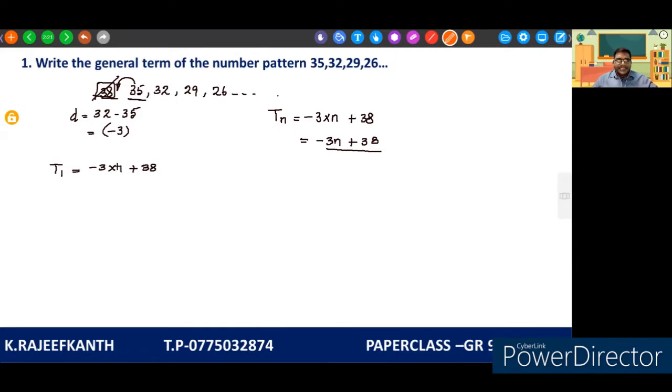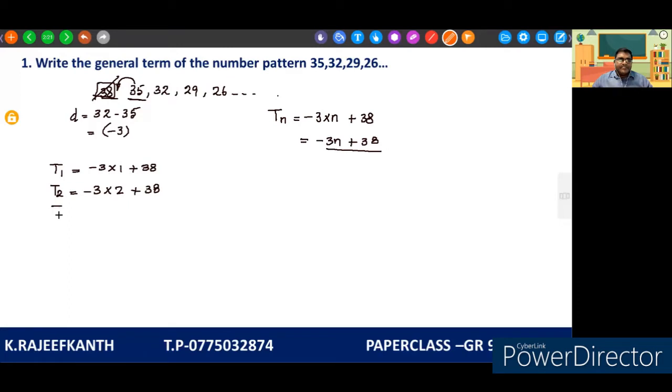Here -3 times 1 is equal to -3. -3 plus 38 is equal to 35. Then if you want to find the second term, we have to multiply the difference by 2. Then we have to add 38, right? Then -3 times 2 is -6. -6 plus 38 is 32.